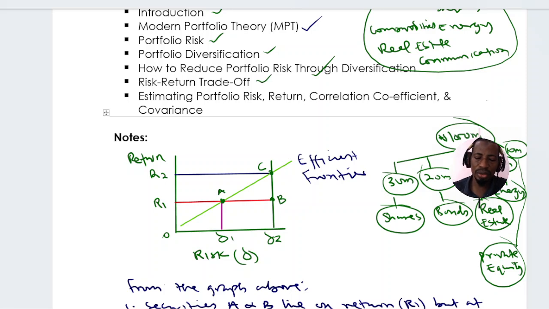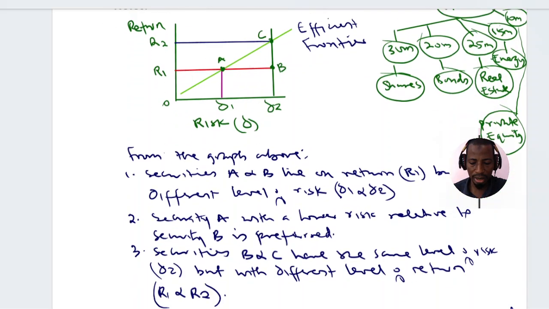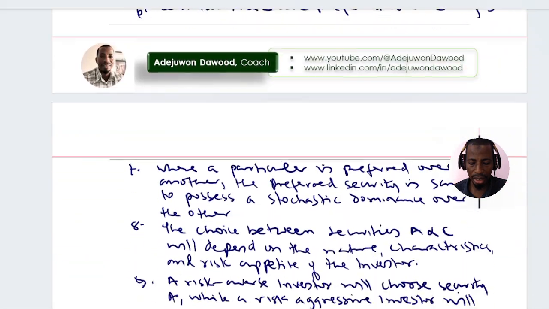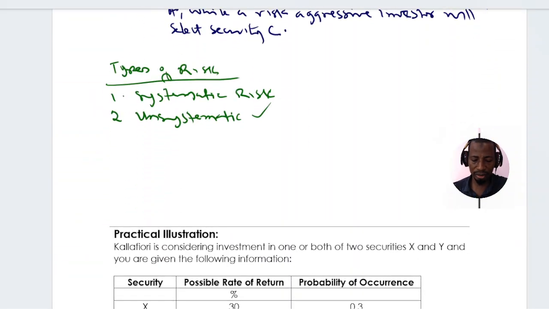The next thing we are going to discuss is how to estimate portfolio risk, portfolio return, correlation coefficient, and the covariance of securities in the portfolio. So let me scroll down so that I can show you how to calculate portfolio risk. Okay.